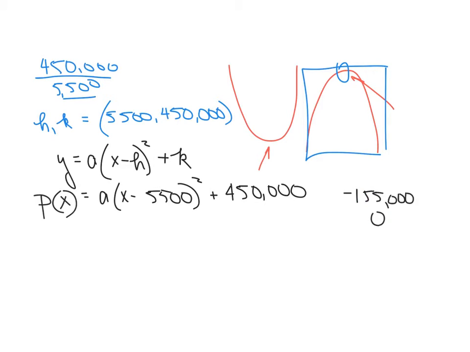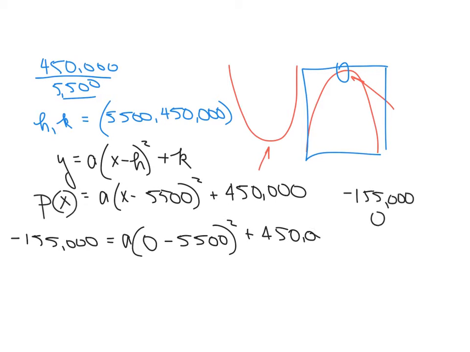So what we are going to do is put negative 155,000, we're going to lose it, equals a times, we sold 0, and we are going to go from here and solve for a.